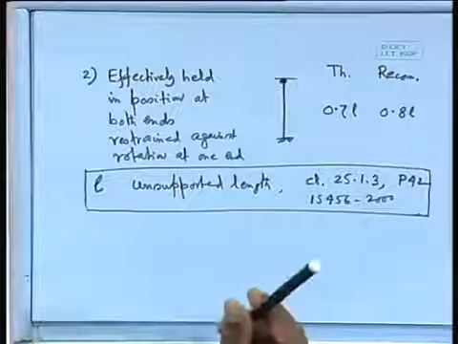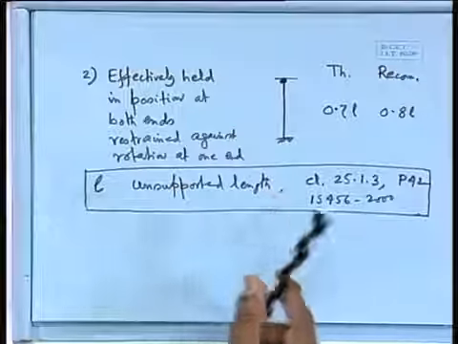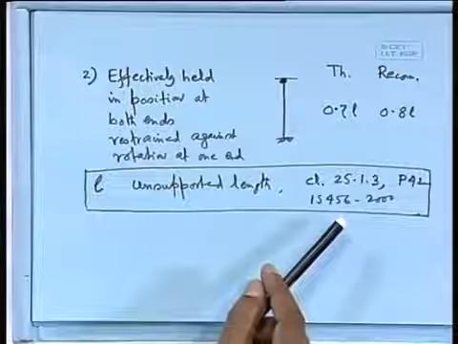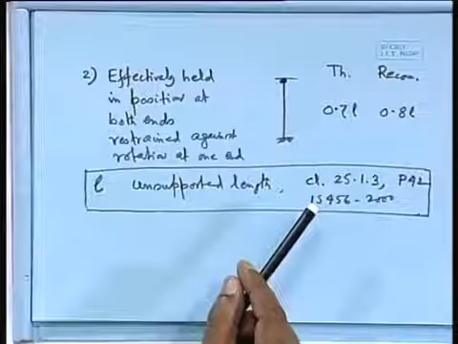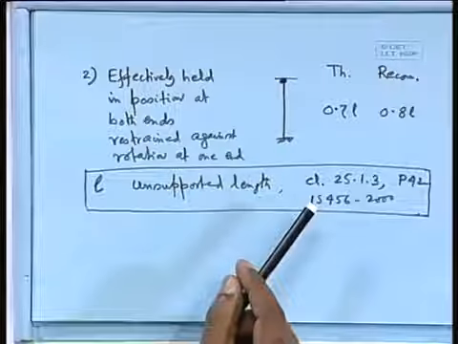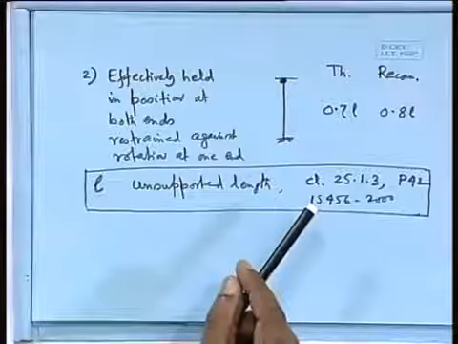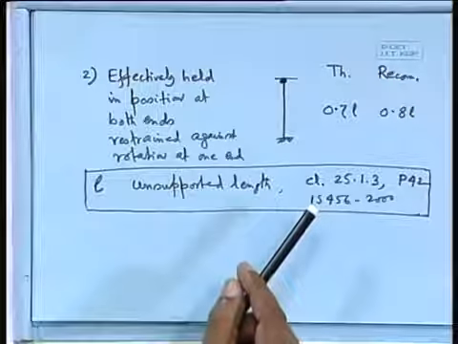Let me just give you one example. There are so many cases in beam and slab construction. In beam and slab construction, the unsupported length shall be the clear distance between the floor and the underside of the shallower beam framing into the columns in each direction at the next higher floor level.